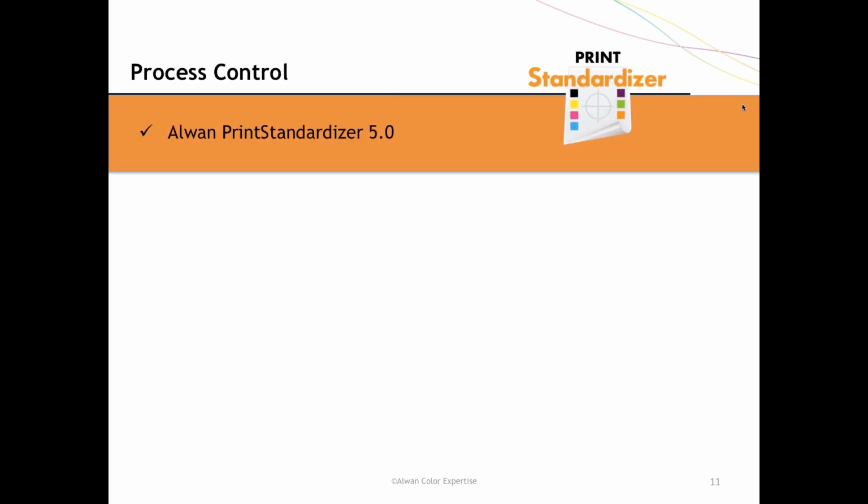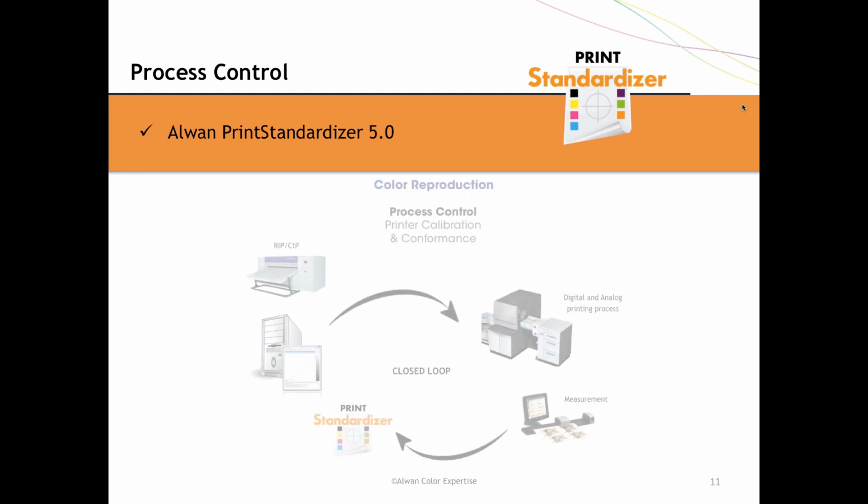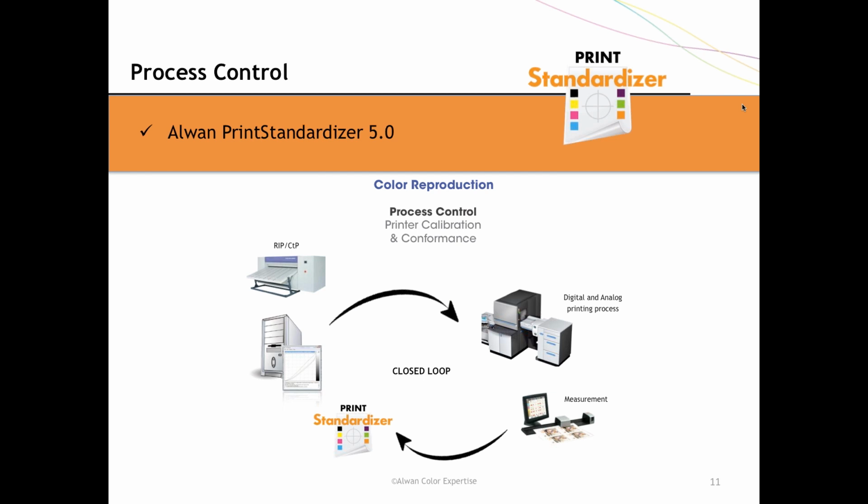The second product I'd like to explain to you is Alwan PrintStandardizer. Alwan PrintStandardizer is the link between the press room or printing device and the prepress organization.